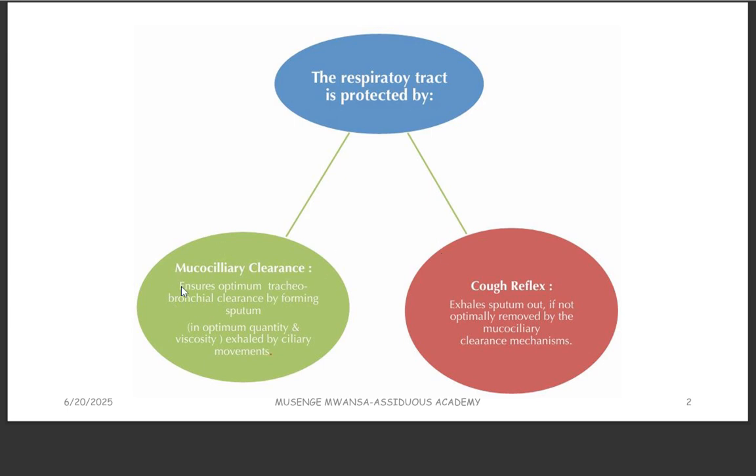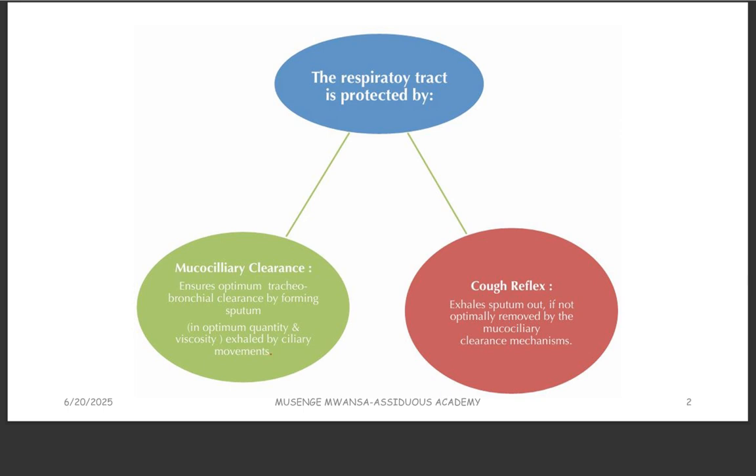So the mucus and the cilia make up the mucociliary clearance, which ensures optimum tracheobronchial clearance by forming sputum. Okay, and then the cough reflex is going to exhale, remove the sputum out.